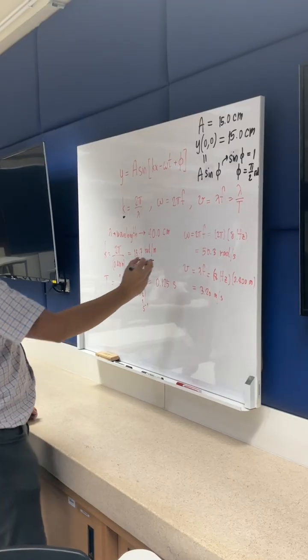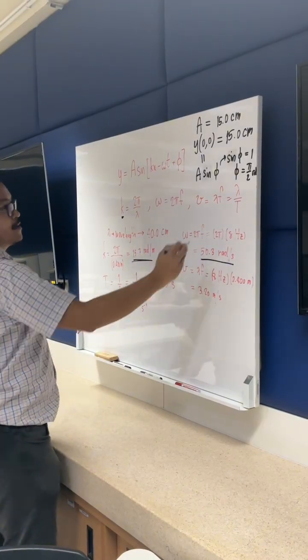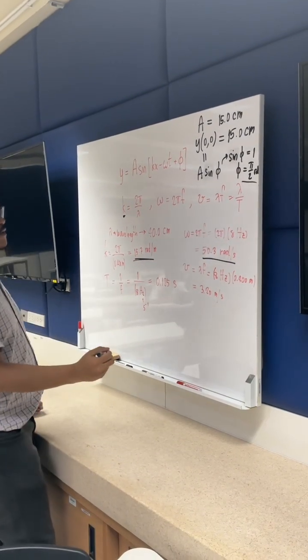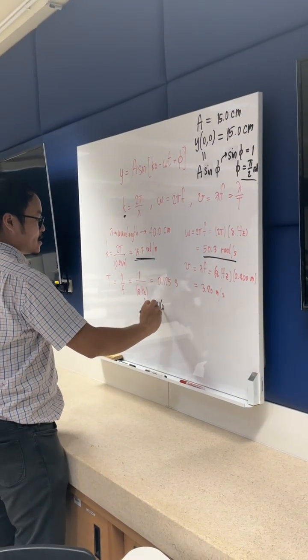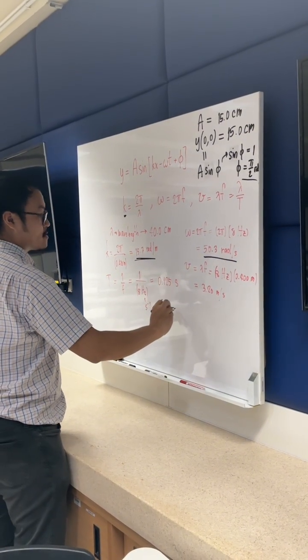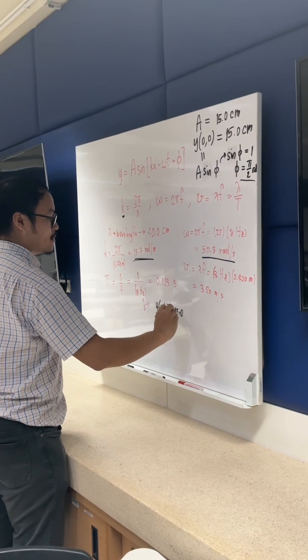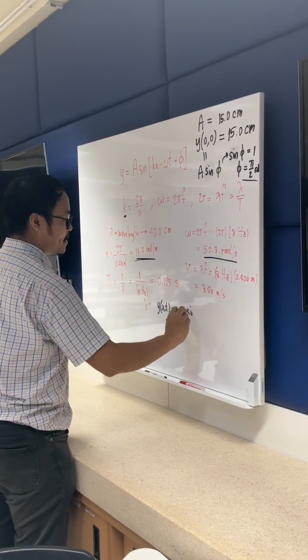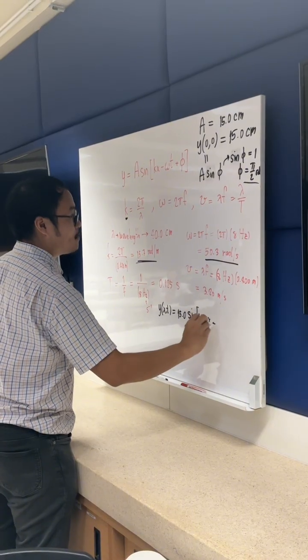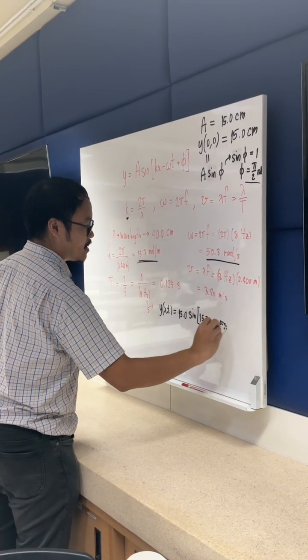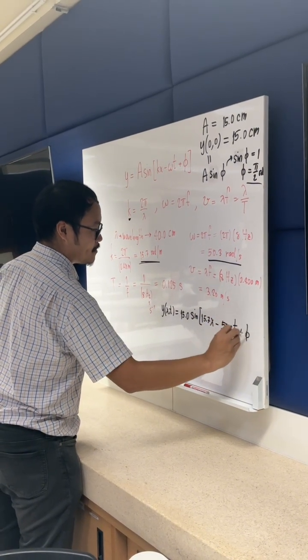And we know that omega is this, and we know that phi is pi over 2. We put everything together, we get that y(x,t) is 15.0 A, right? Sine of kx minus omega t plus phi, right?